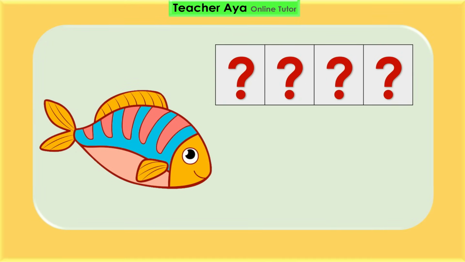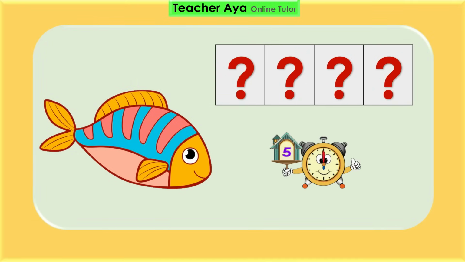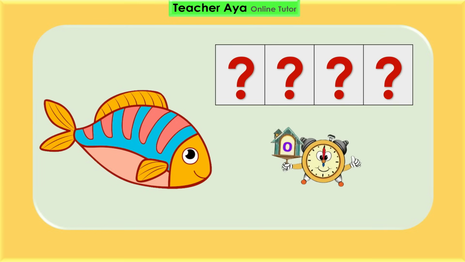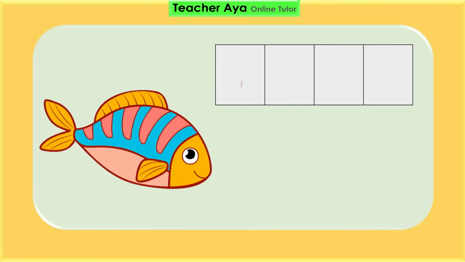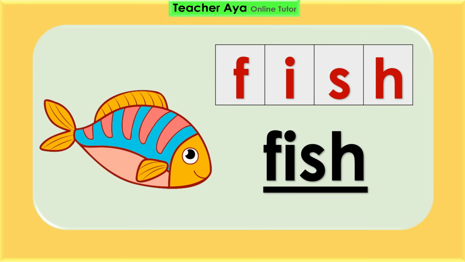Can you spell the word fish? Fish. F-I-S-H. Fish.